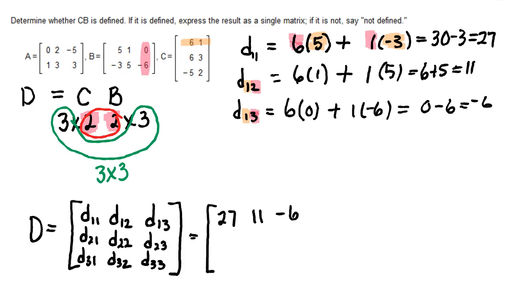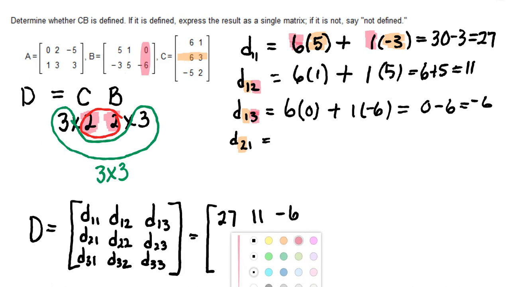And let's do D21. So with D21, we're going to use row 2 now. So instead of row 1, we use row 2.